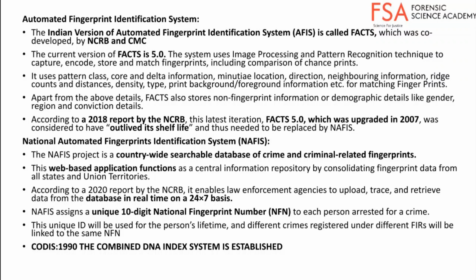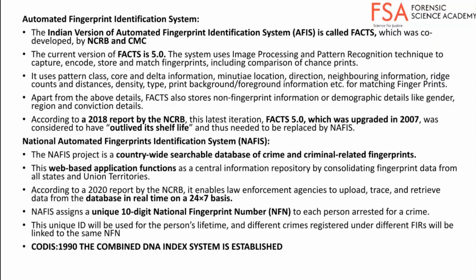This web-based application functions as a central information repository by consolidating fingerprint data from all states and union territories. According to a 2020 report by the NCRB, it enables law enforcement agencies to upload, trace, and retrieve data from the database in real time on a 24/7 basis.